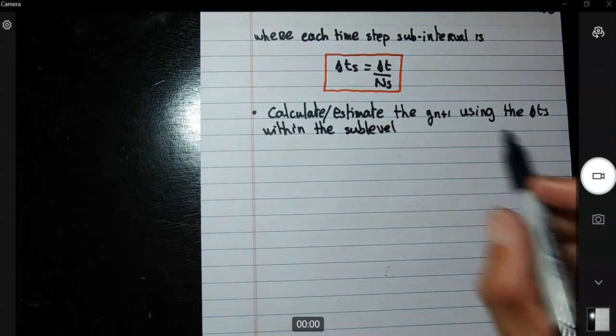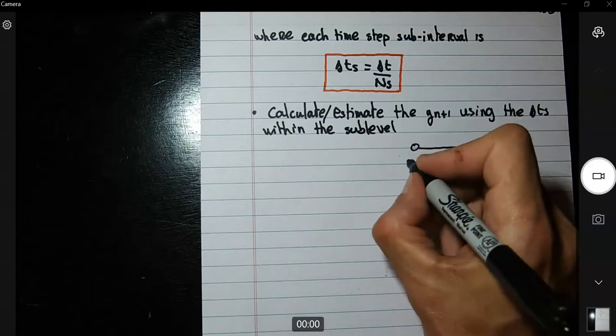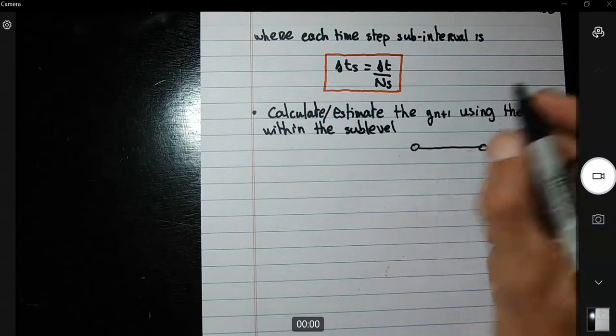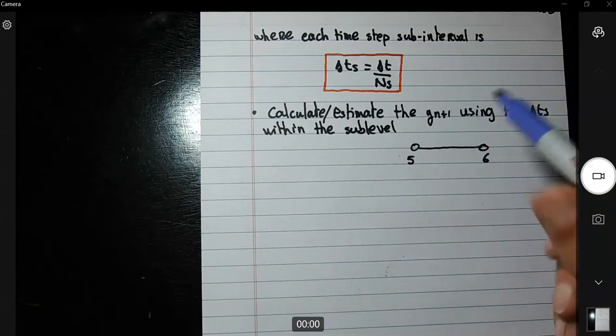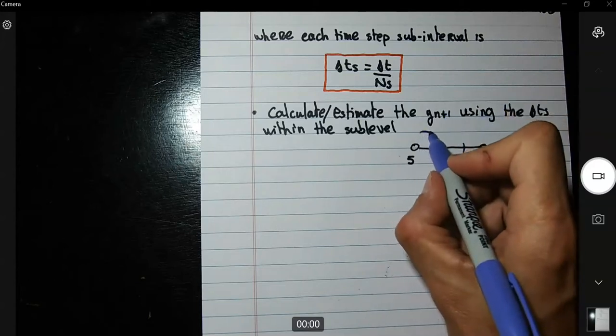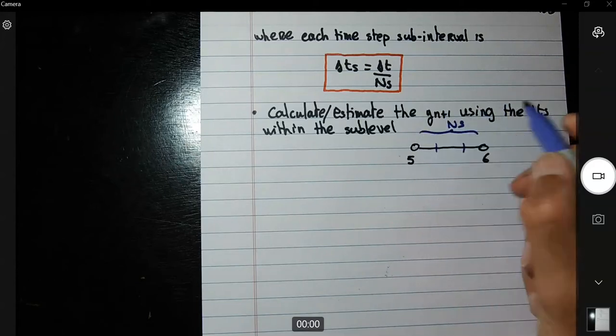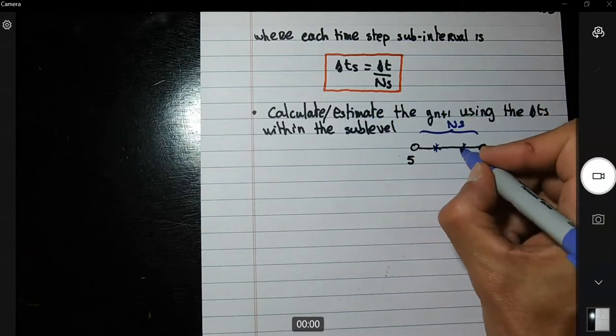Okay, so basically, let's say you were here at time step 5, 6. Now you created here some subintervals. Now you need to recompute using Runge-Kutta. You need to find the values over here.